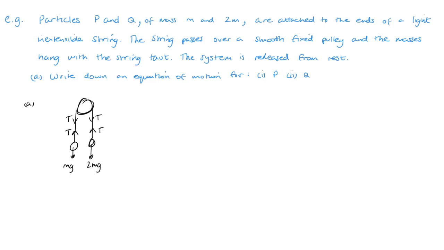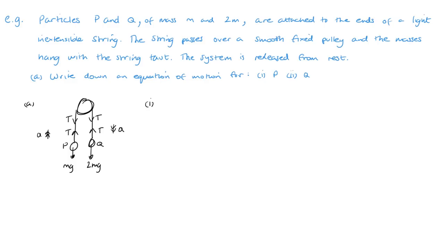Okay, so that's initially what's happening. Now, this is P and this one is Q. Q is obviously heavier, so this one's going to accelerate this way, and this one will accelerate this way. And the acceleration will be the same for both.